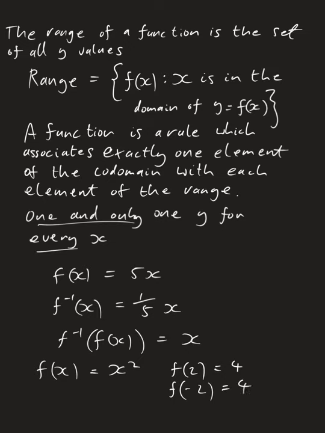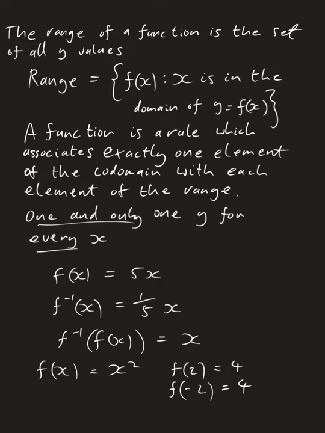So I have two elements of the domain associated with the same element of the range. And that means I can't have an inverse function, because the inverse function will have the domain and range swapped. And so then you'll have two values of the range for a single element of the domain, which makes it not a function. For example, we have y equal to 4 here.